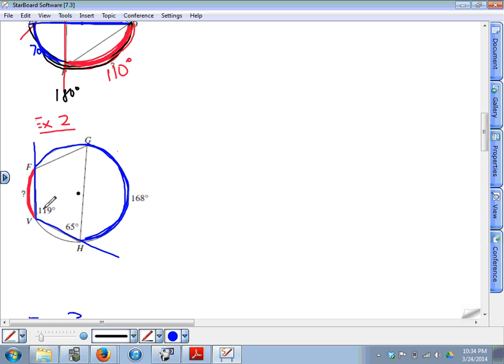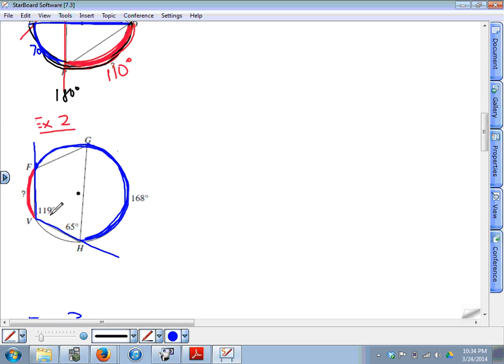That's what that means. Now, if you remember what we talked about a few minutes ago, an inscribed angle is half of the measure of its intercepted arc. So since the angle is 119, if you double that, the measure of the arc from F all the way around to H is going to be double 119.